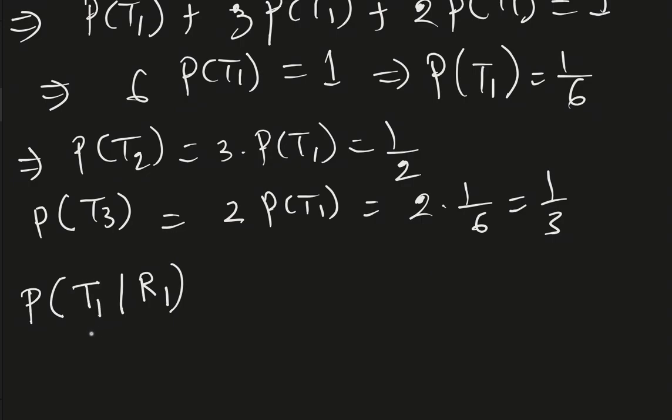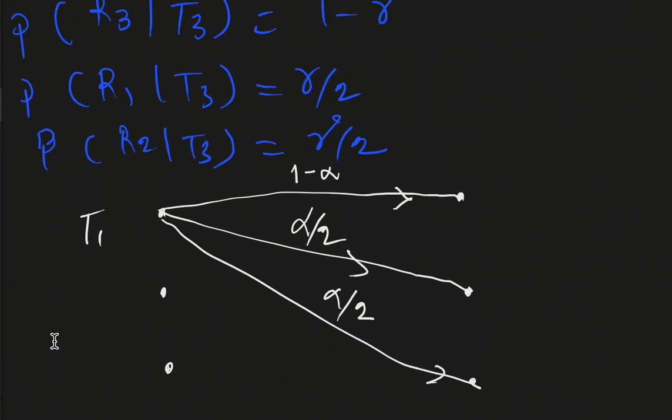Suppose randomly, at the sender, the T terminal, the transmission terminal, one of these signals has been sent. Now you don't know which among T1, T2, T3 has been sent.